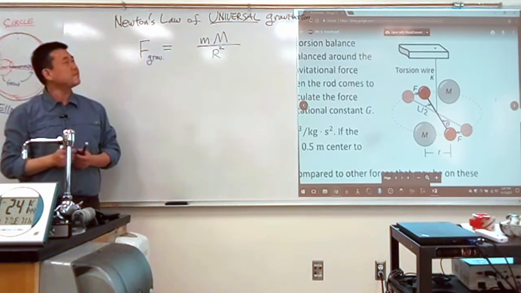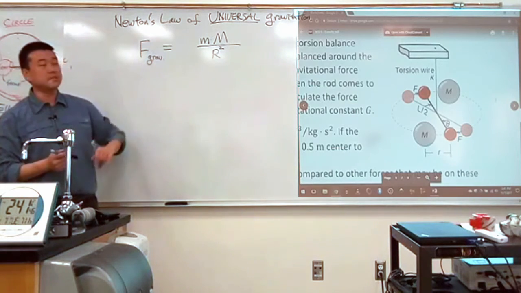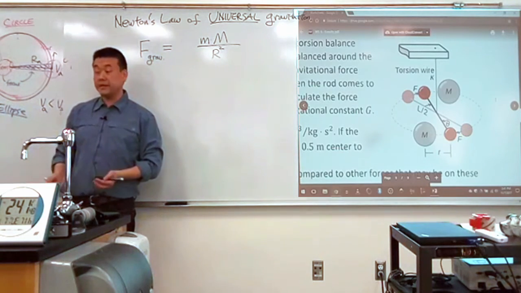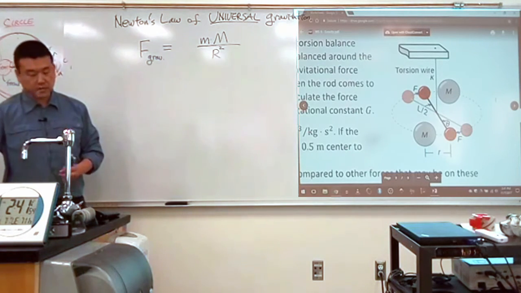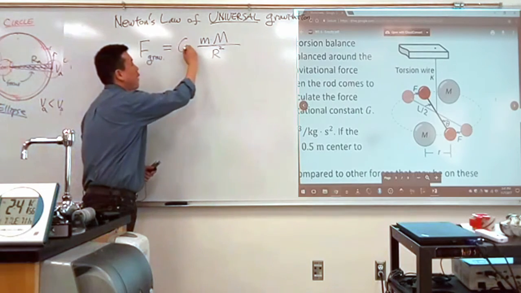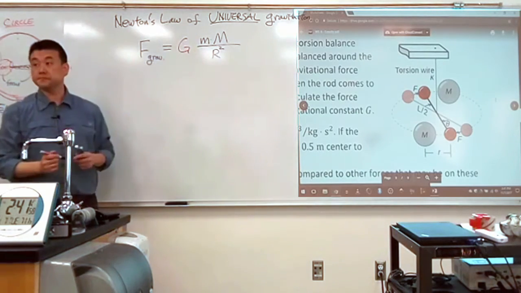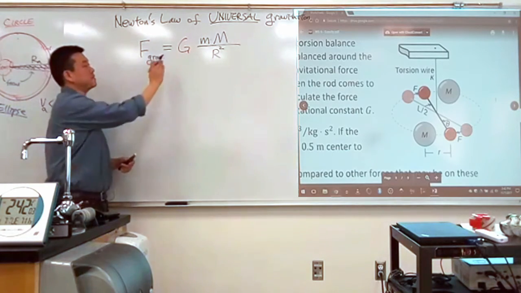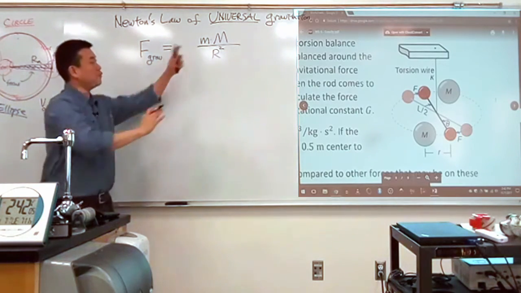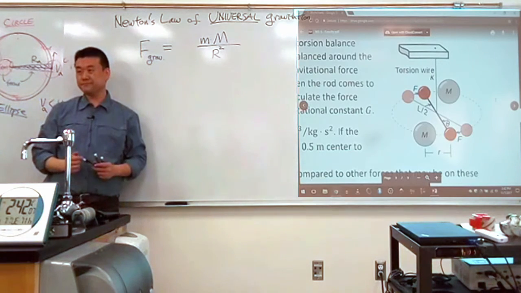So what do I need to do so that I can replace this proportionality with an equality? Yeah, you need a constant here. Arjun, can you explain why we need a constant here? Give me one reason. Why couldn't I simply say gravitational force is equal to that? I don't need a constant.